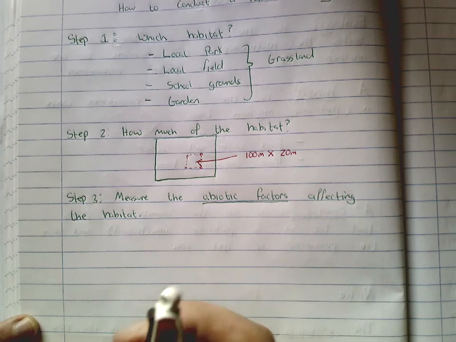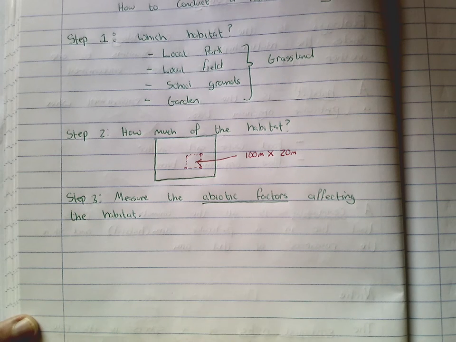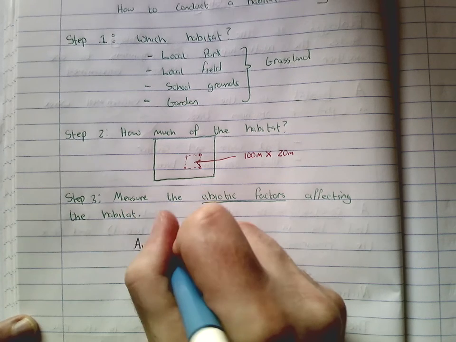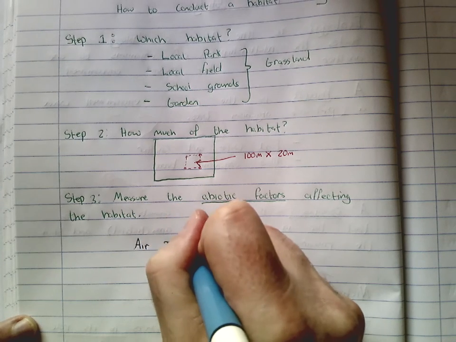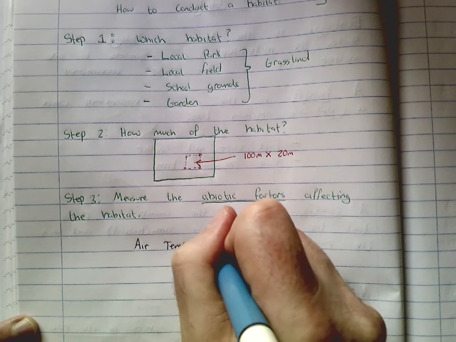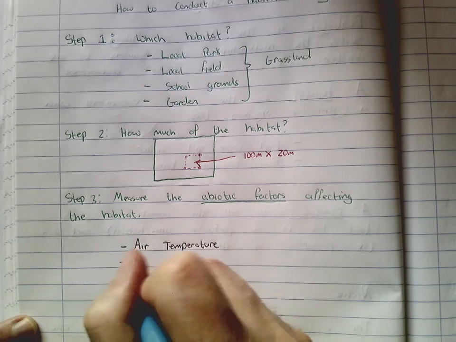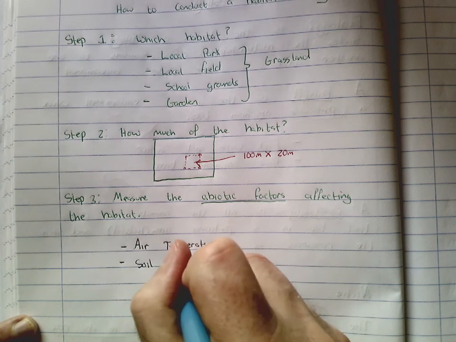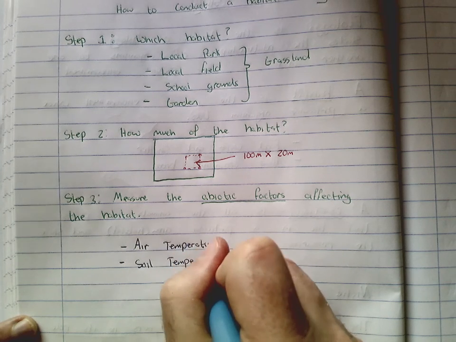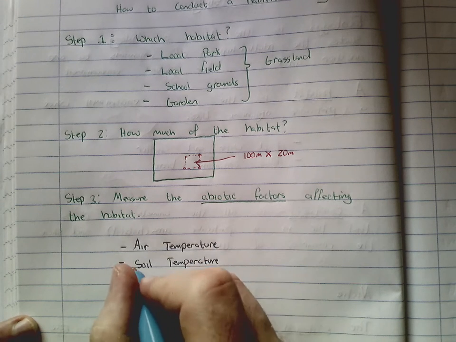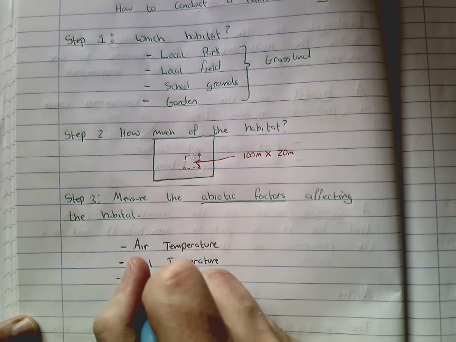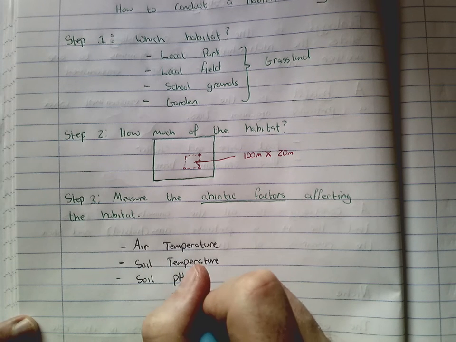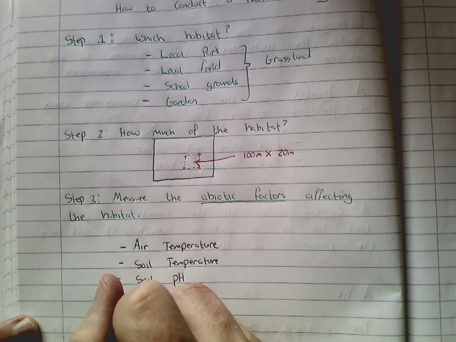Some examples of abiotic factors are air temperature, soil temperature, soil pH and light intensity.